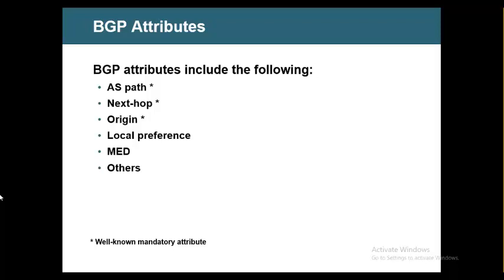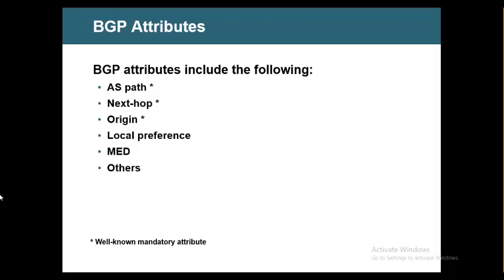BGP will always have AS path information in every update. It will always be seen, whether between one vendor and a different vendor or between the same vendor's routers, within IBGP or between EBGP.